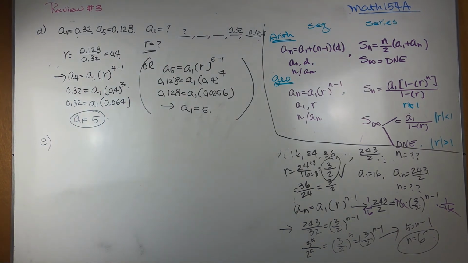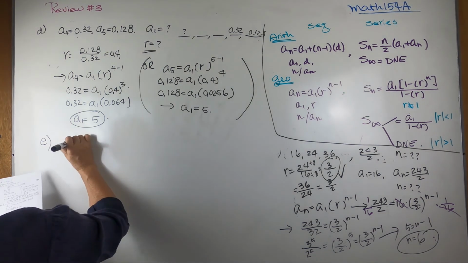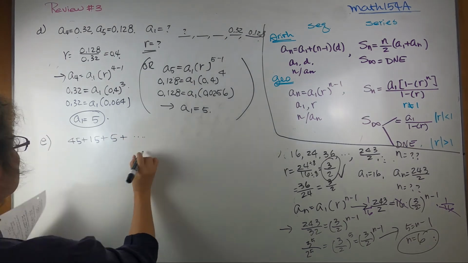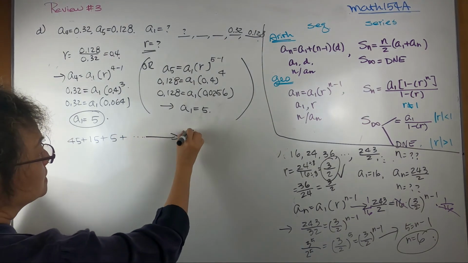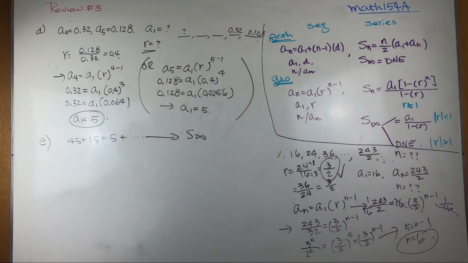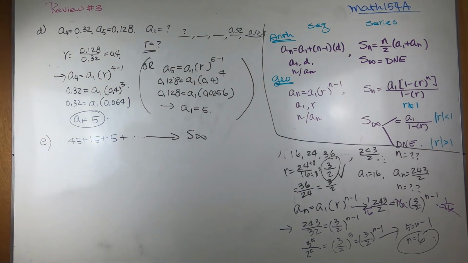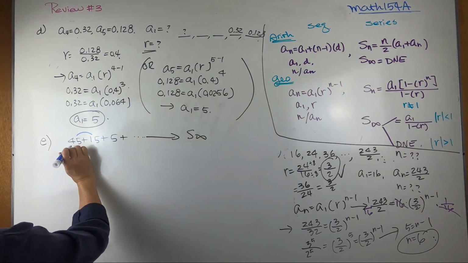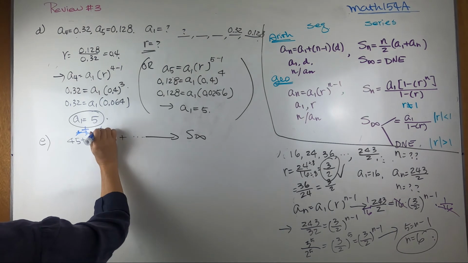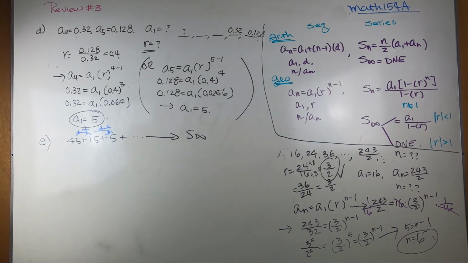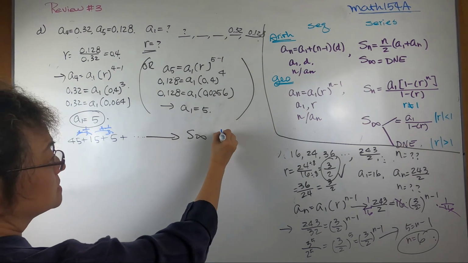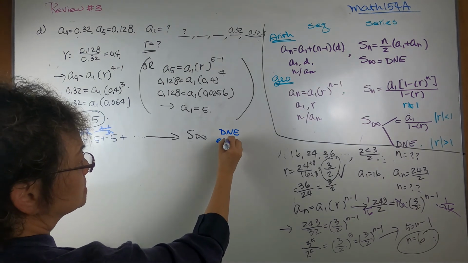Next one, find the sum of 45, 15, 5, plus and so on. That means we need to find S infinity. So first we decide, do we have a geometric sequence? So R is 15 divided by 45, which is 1/3. Will that work? Yes. So you have to decide whether S infinity exists or doesn't exist.